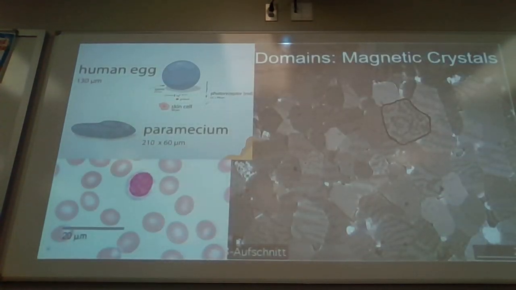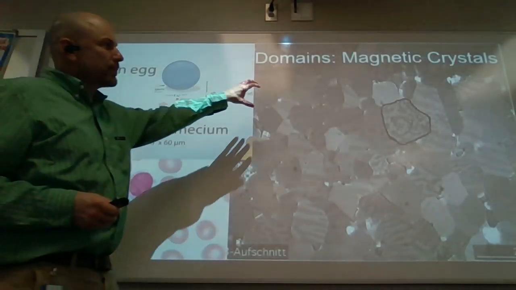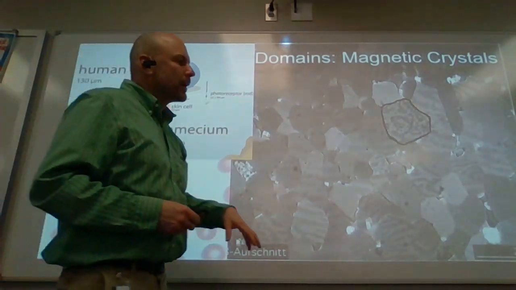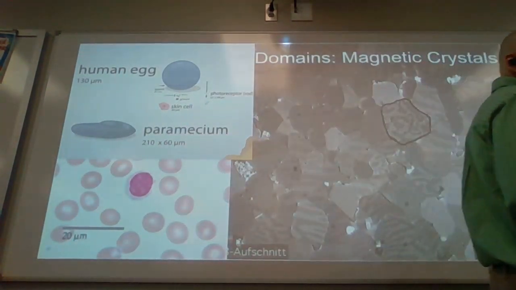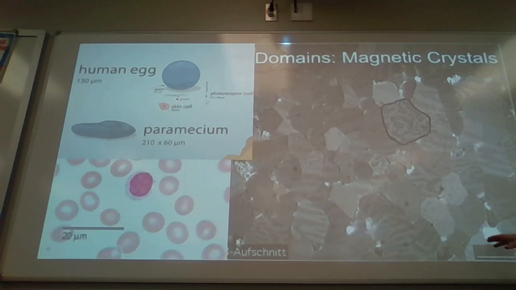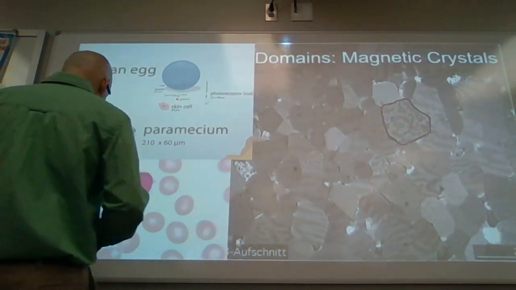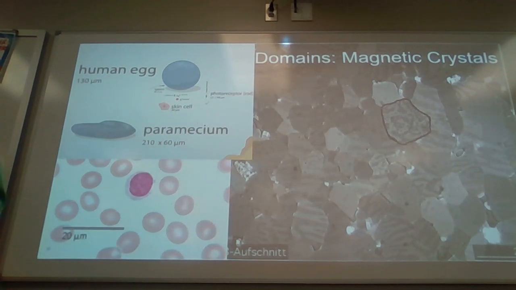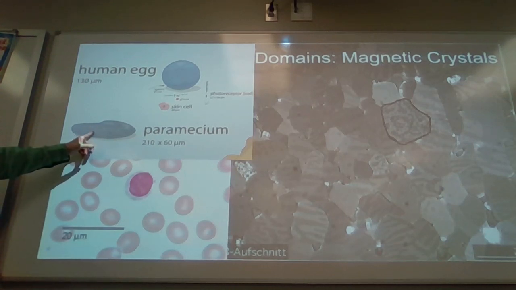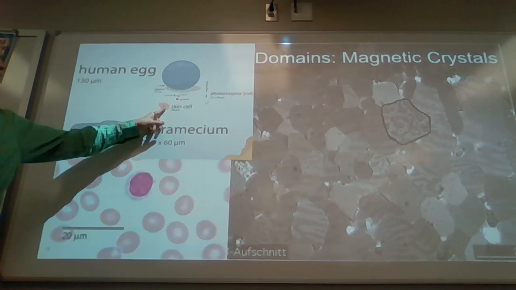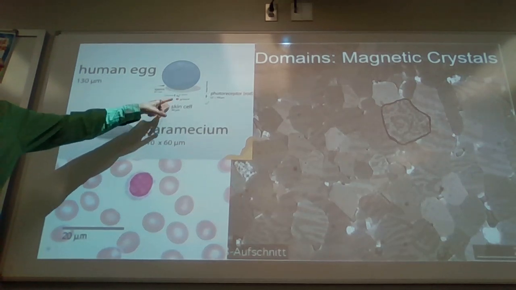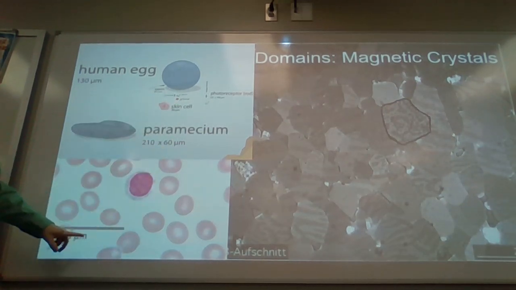Okay, so these domains, those magnetic crystals, are in the order of 20 micrometers. So I just wanted to give you an idea. I don't know what you saw in biology under a microscope, but here's a paramecium. Skin cell, red blood cell.